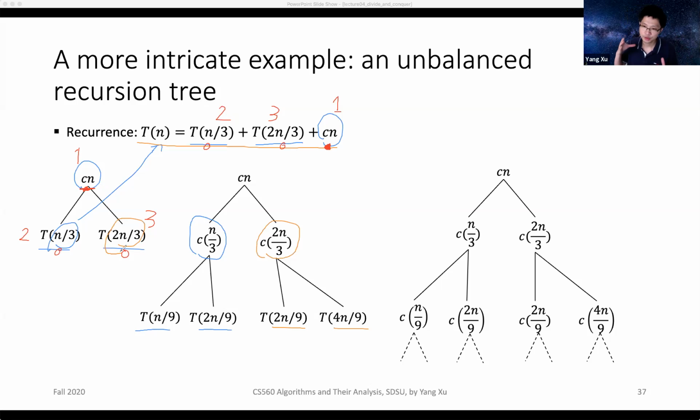That's the general principle of drawing these recursion trees, okay? Because we have capital T's here, and the capital T's mean that these are the time for solving the sub-problems. So the cost of the sub-problems goes to the next level.